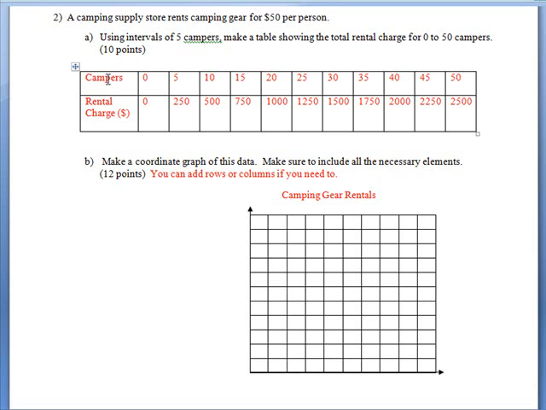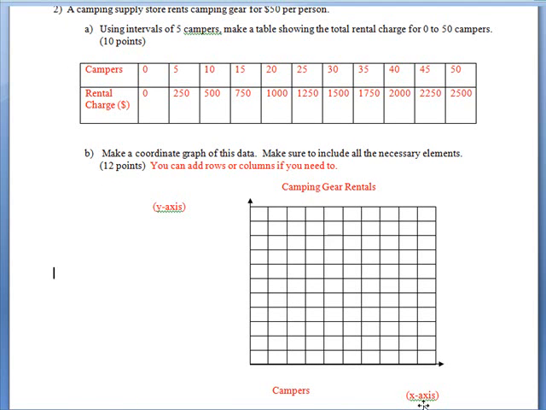So we always know that the independent is going to be at the top of the horizontal table. So campers is going to go right here. And I also labeled my x and y axis while I was at it. You don't have to do that, but I think it's a very good habit to get into.